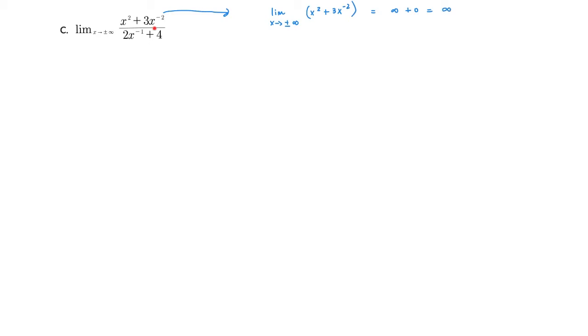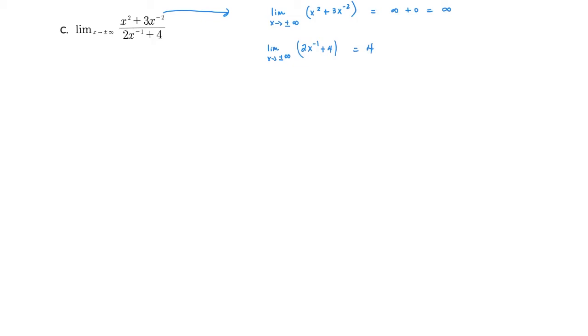In the denominator, the limit at infinity of the first power term is 0. And the limit at infinity of 4 is just going to be 4. So the limit in the denominator is equal to 4. So I would write here that the limit as x approaches positive or negative infinity of 2x to the negative 1 plus 4 is going to be equal to 4.